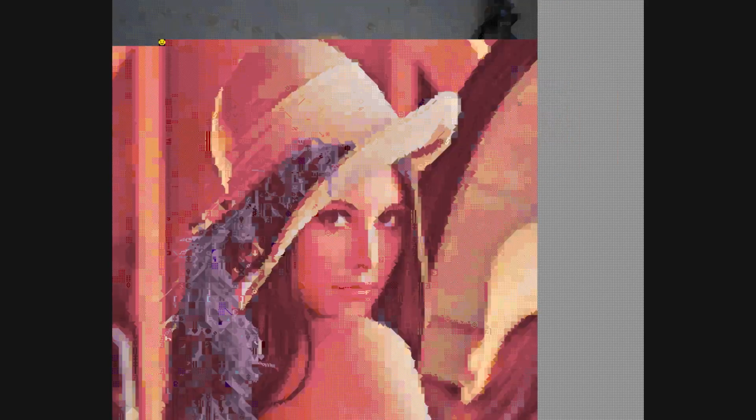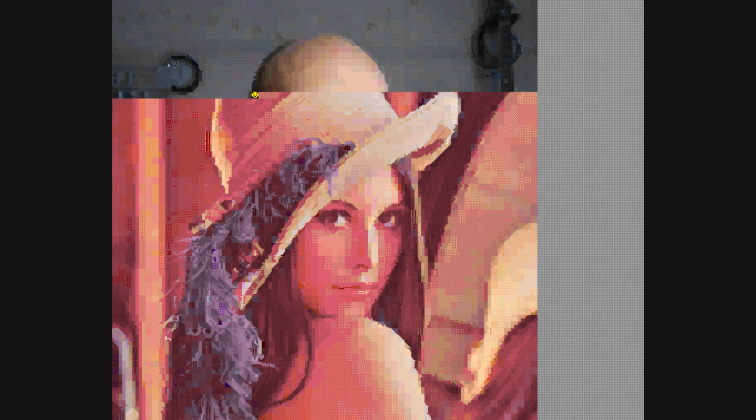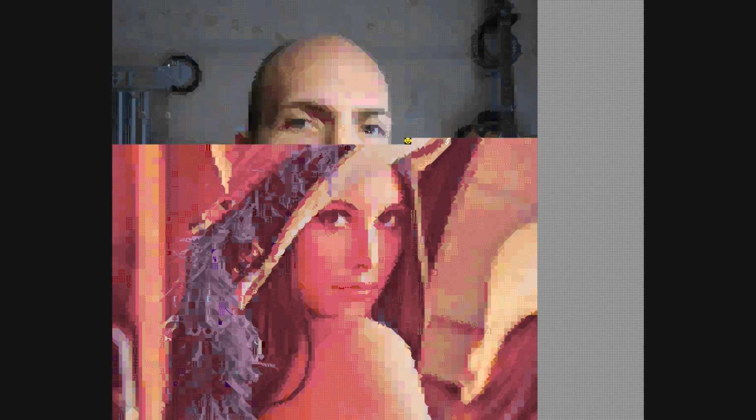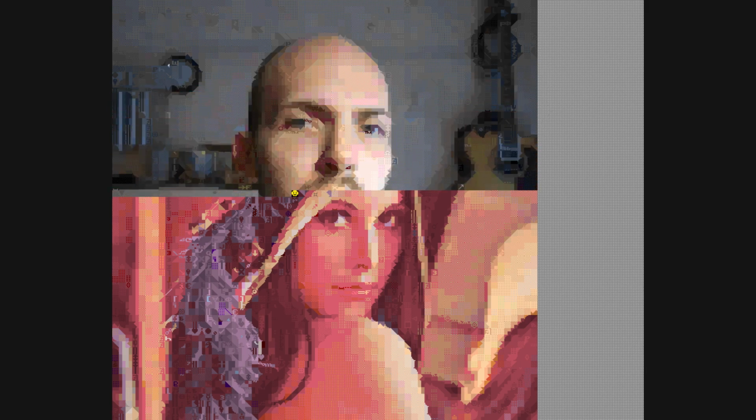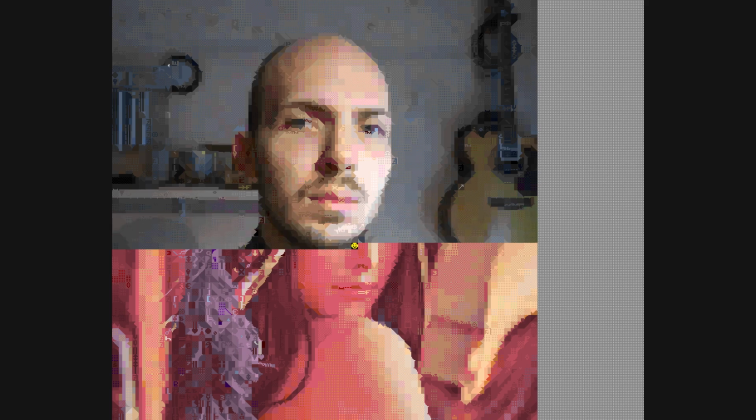Let's try another image, and this is a picture of me, and that is converted using my tool that uses my own palette, my own font, my own character set in the encoding scheme.